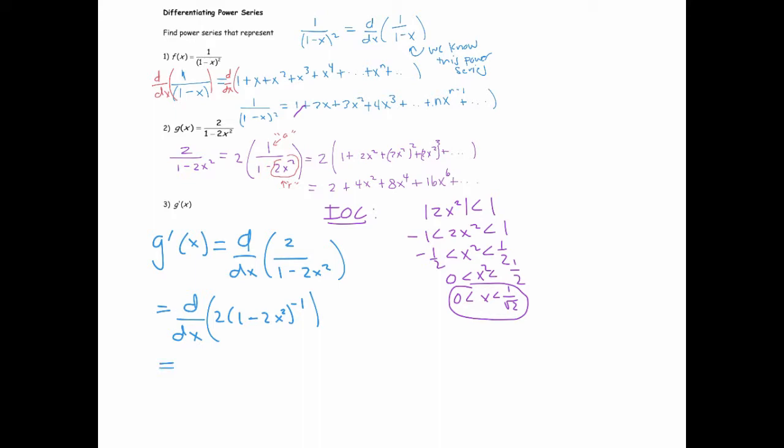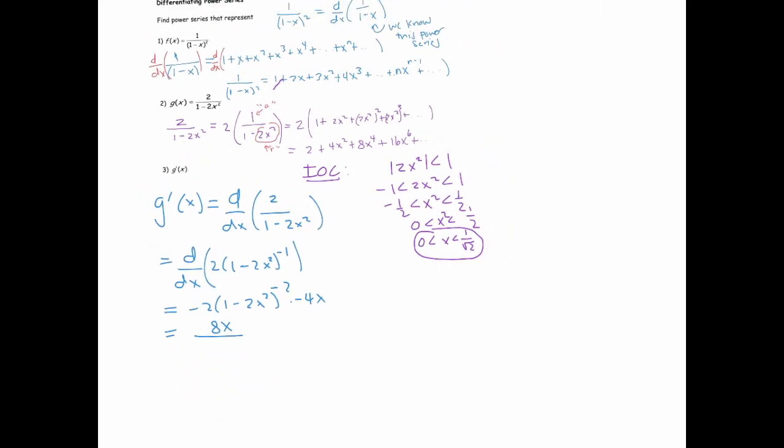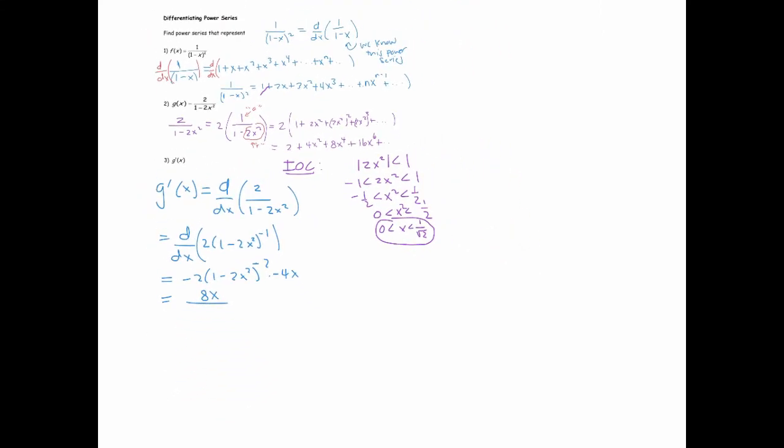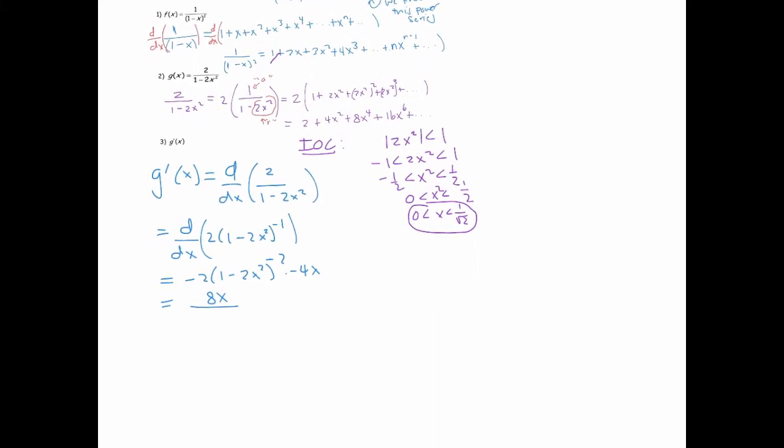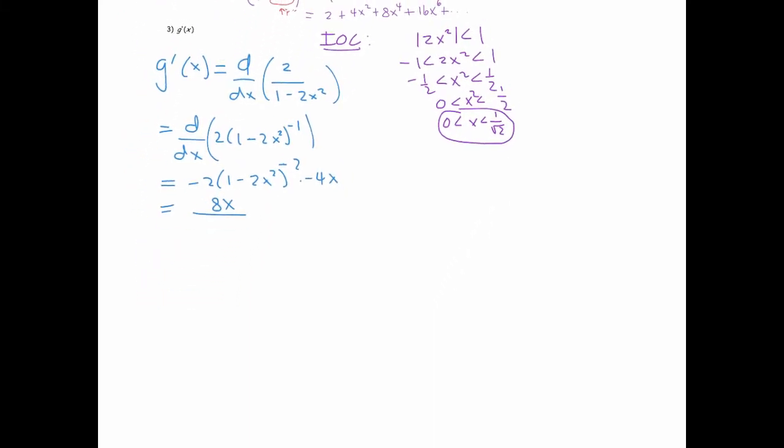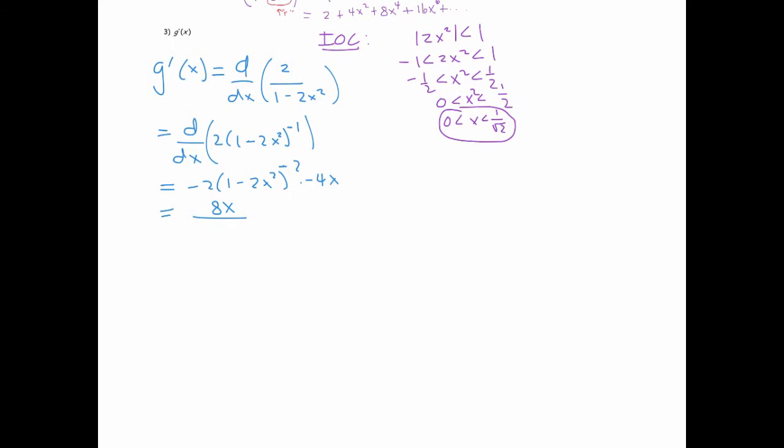And so that derivative would be negative 2, 1 minus 2x squared to the negative 2. Don't forget the chain rule, times negative 4x, which gives me 8x divided by 1 minus 2x squared, quantity squared.